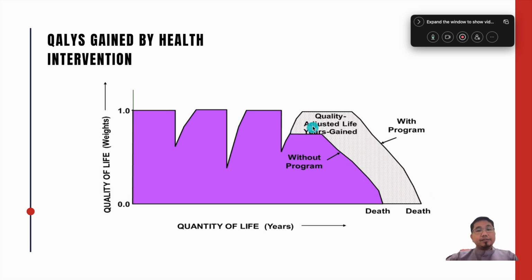And then the perfect health is also much longer, right? It is like here, one is perfect health, but without the program it is below here. So that is the quality adjusted life years, the shaded area here that we want to look at in the cost effectiveness analysis.